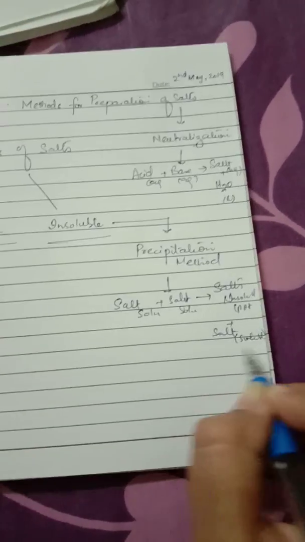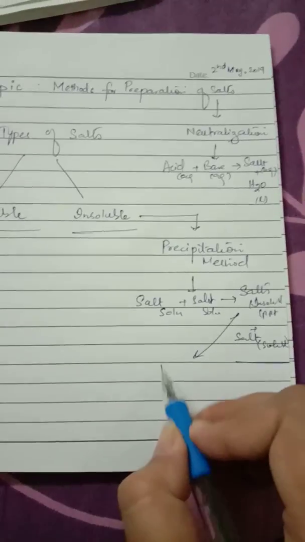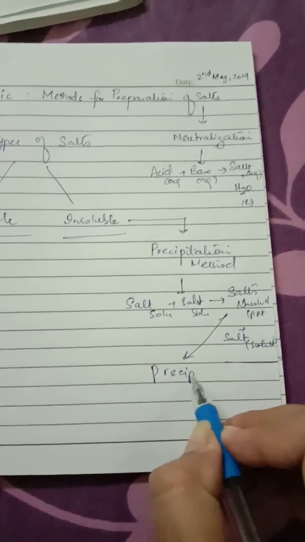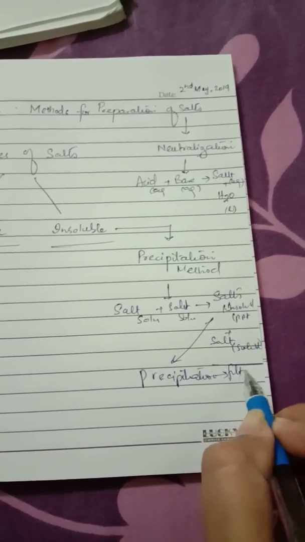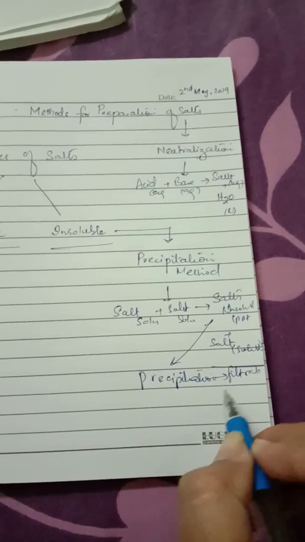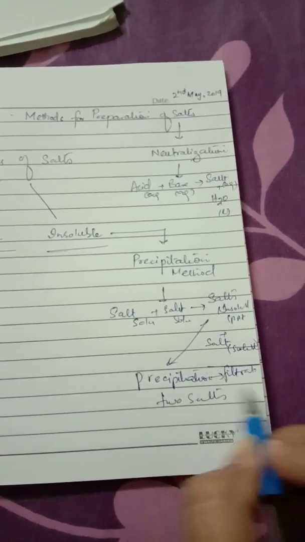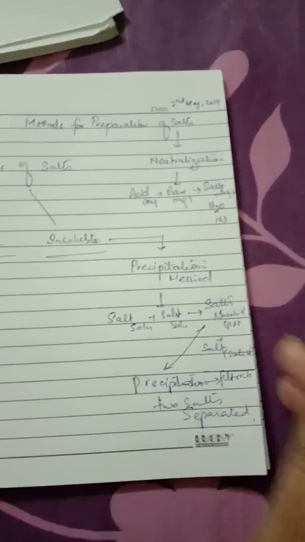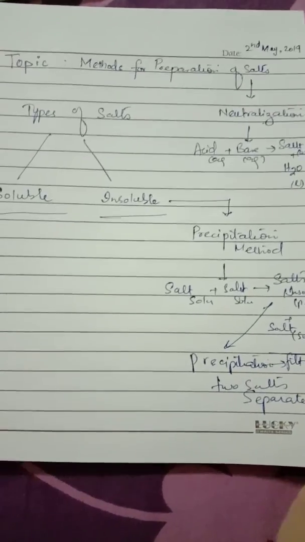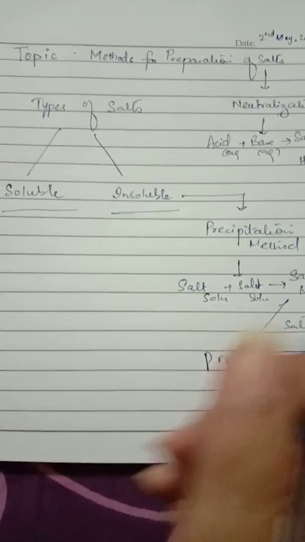So we can easily separate the insoluble one through filtration, and we get the two salts separated. This is the preparation of insoluble salts by the precipitation method.